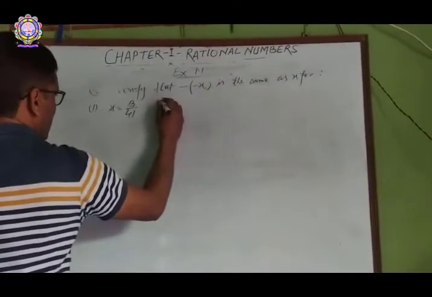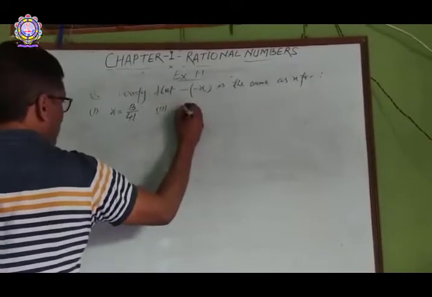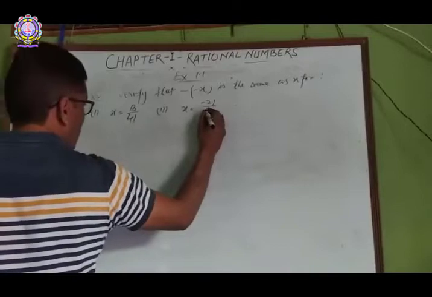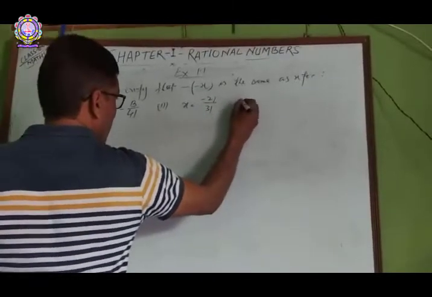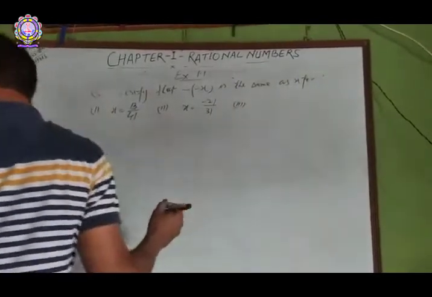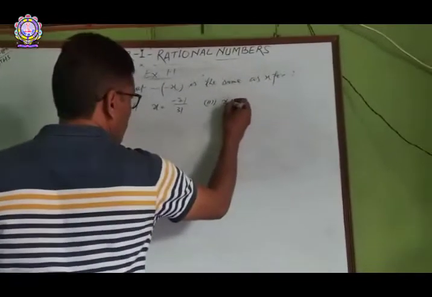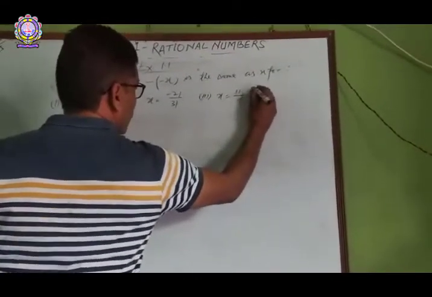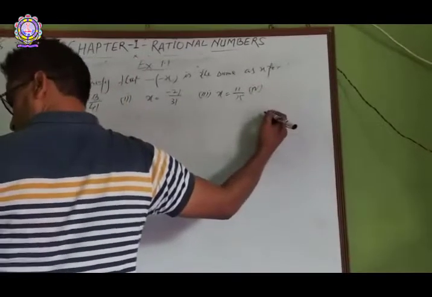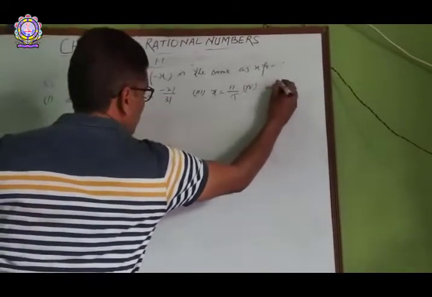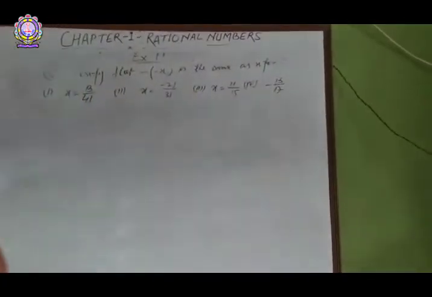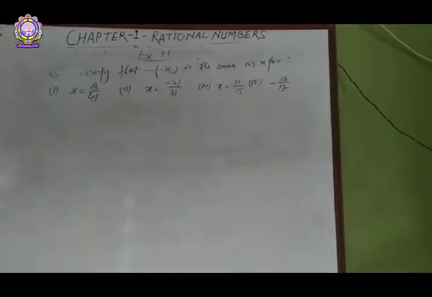Part second is x is equal to minus 21 upon 31, and third part is x is equal to 11 upon 15, and fourth one is minus of 13 upon 17. Okay, we will solve one by one.